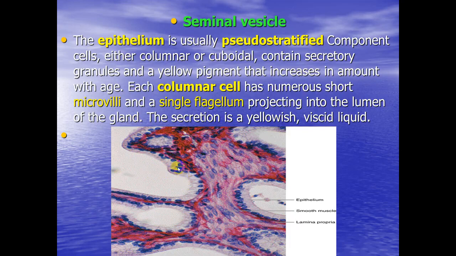It has flagellum-like projections from the apical surface, and between them are small, short cells with microvilli, which don't reach the lumen. And very interesting that the secret of this gland is yellowish. Secret is a viscid liquid.